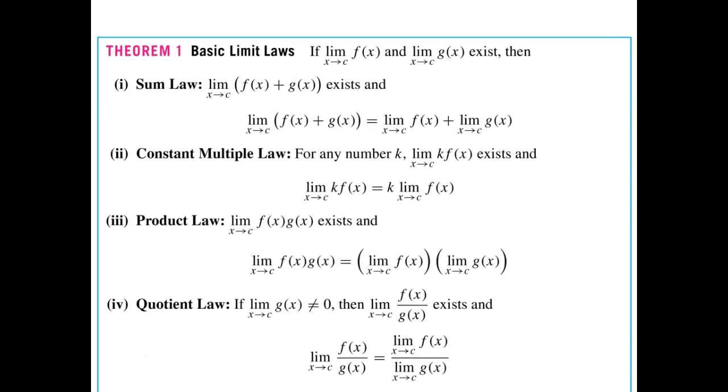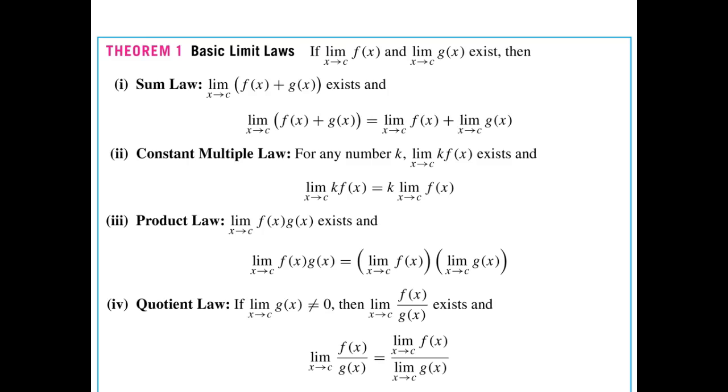Limit laws. You assume that the limit of f of x as x approaches c exists, and the limit of g of x as x approaches c also has a limit. Maybe different limits, but both have limits as x approaches c.